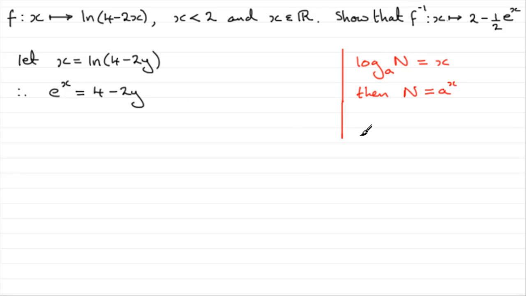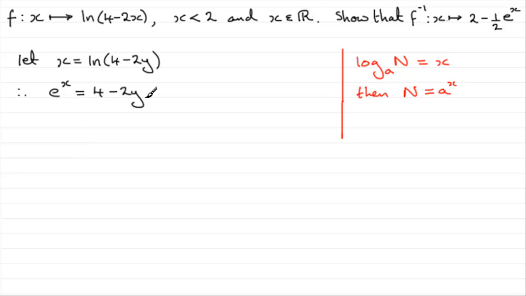It's called natural logs, so that is logs in base e. So wherever you see an a, it is now an e. So hopefully you can see that that number, in our example it's 4 minus 2y, equals e to the power x. Alright? Okay, well, let's just carry on now, making y the subject.